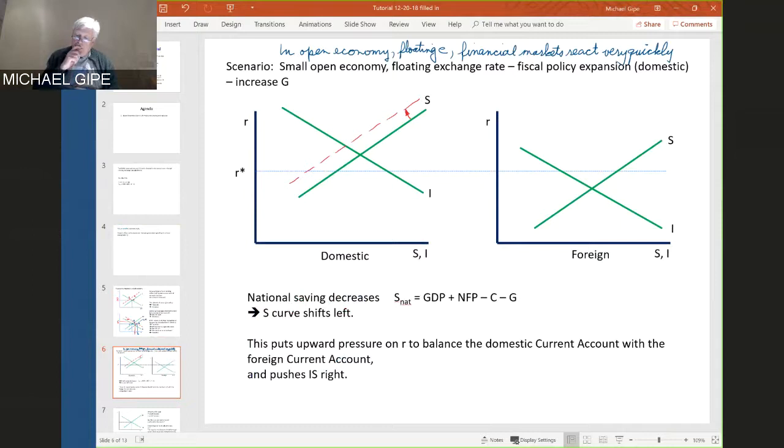Well, remember, when we have an open economy, the savings and investment equilibrium doesn't have to balance out in each economy, but it has to balance out in both economies as a whole. And it does that through the mechanism of net exports, exports minus imports, plus net factor payments, but they're very, very small part of that.